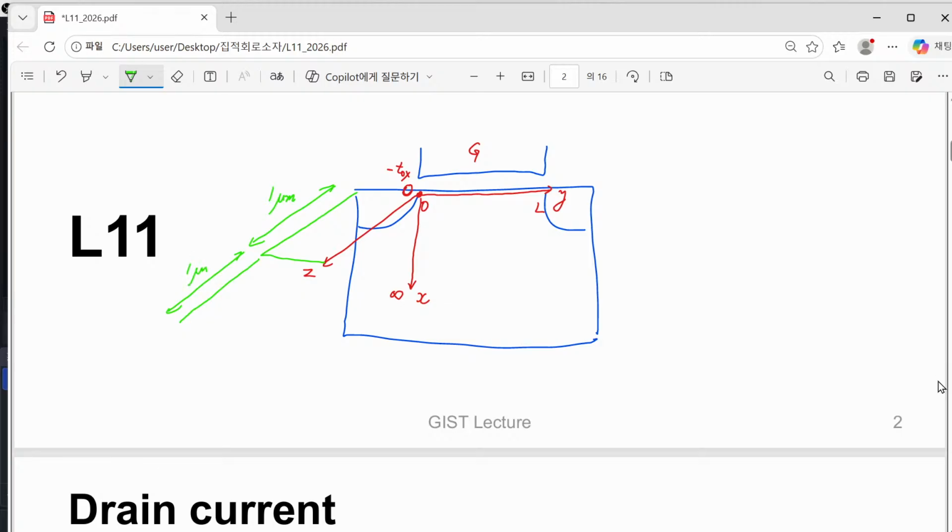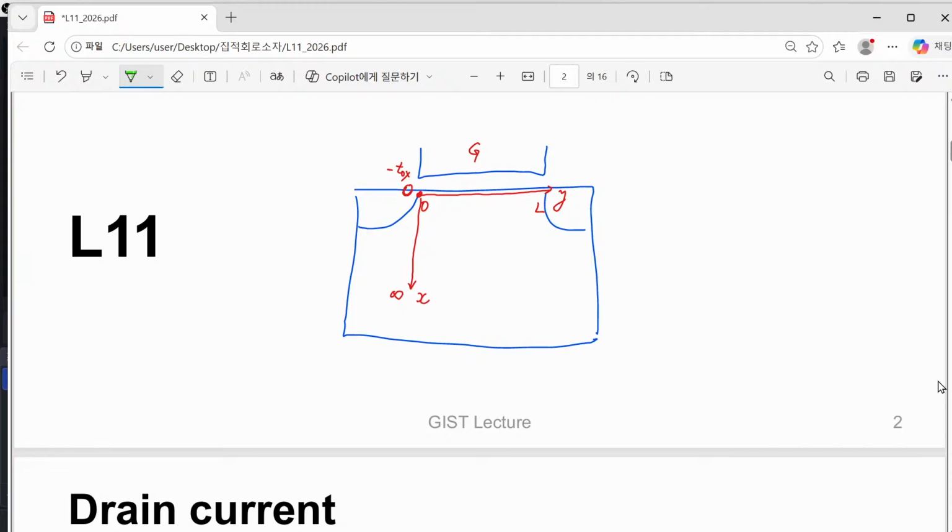So this W is really scalable. If you want high current drivability, the simple way is to introduce a wider device. Then you will have much more current by spending silicon area. So that's the reason why in this consideration we don't care much about this z-axis.